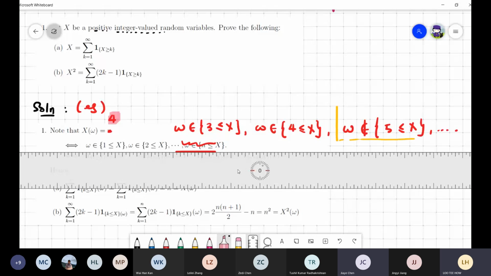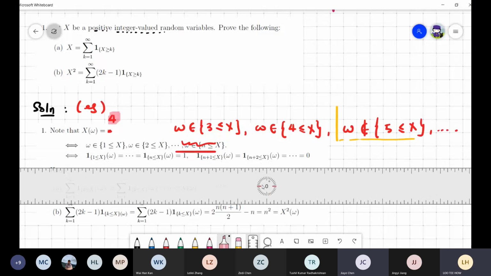Then we can check this easily: this must be equal to 1 until X greater or equal to 4, and for 5, this will be 0.